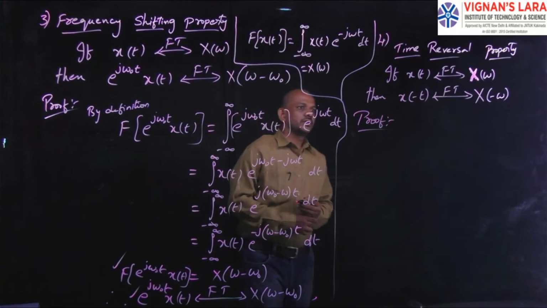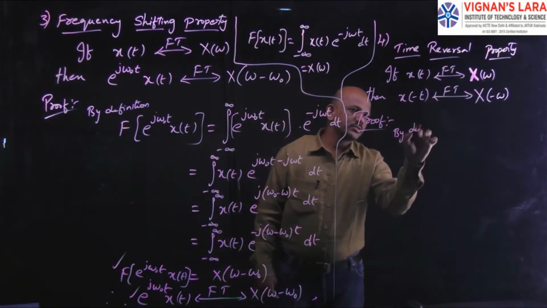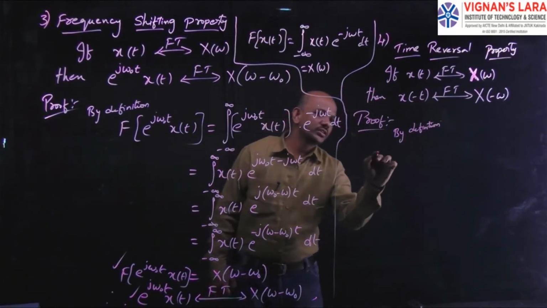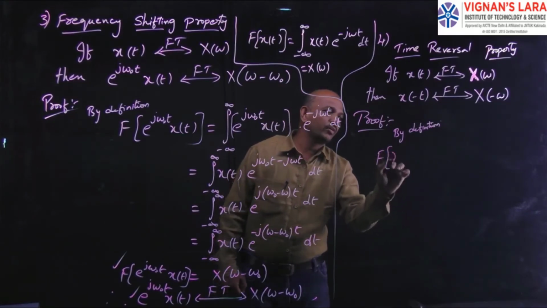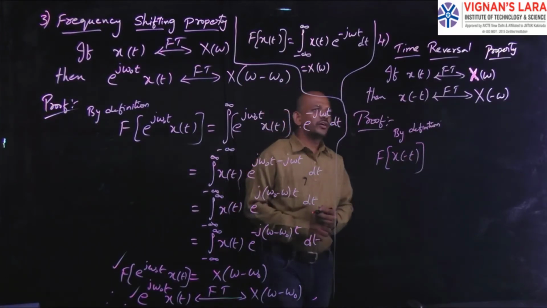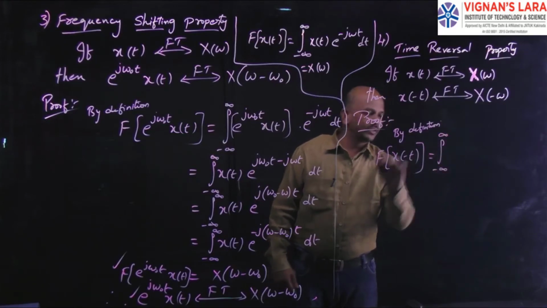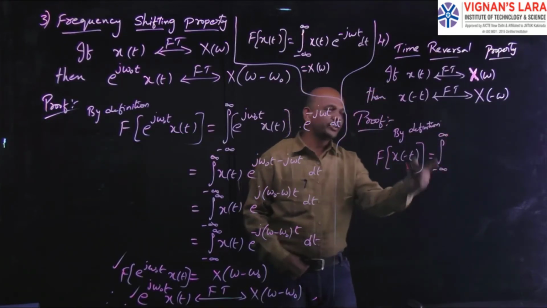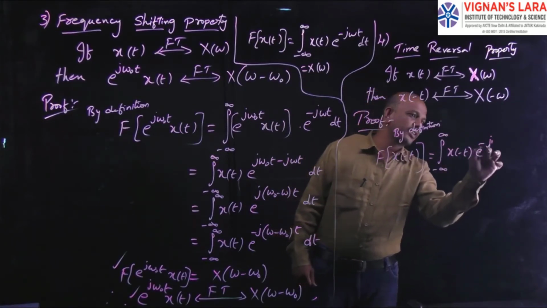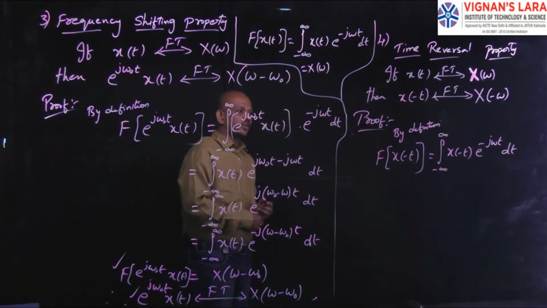So by definition, we know that the Fourier transform of x of minus t is equal to the integral from minus infinity to infinity of x of minus t e power minus j omega t dt. This is from the definition of the Fourier transform.